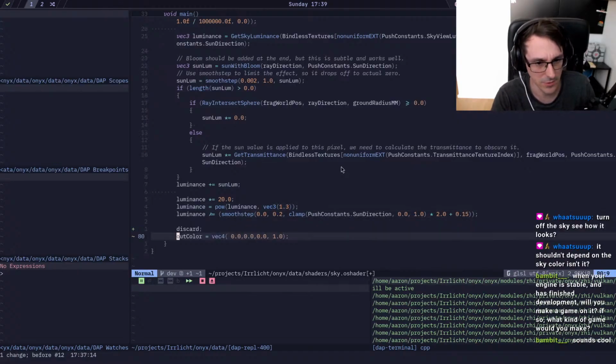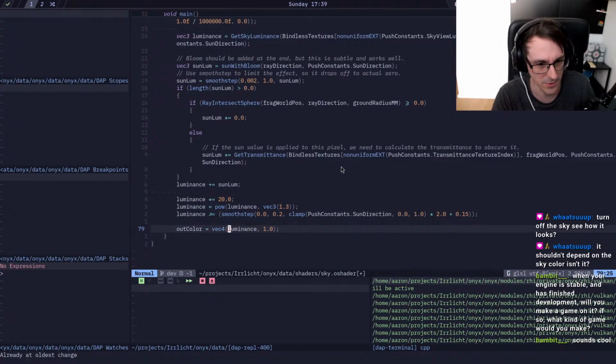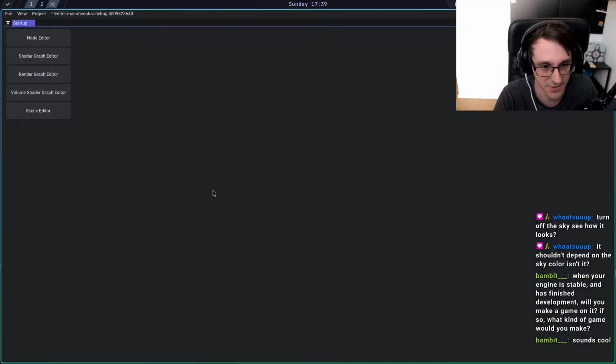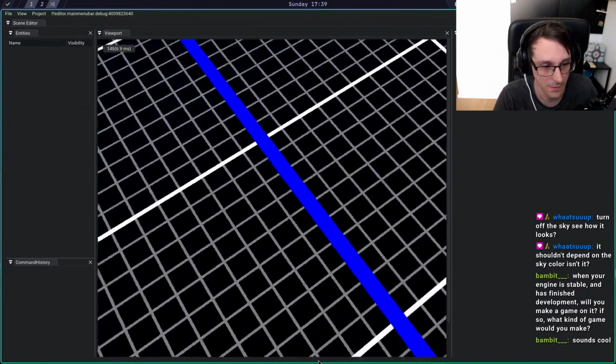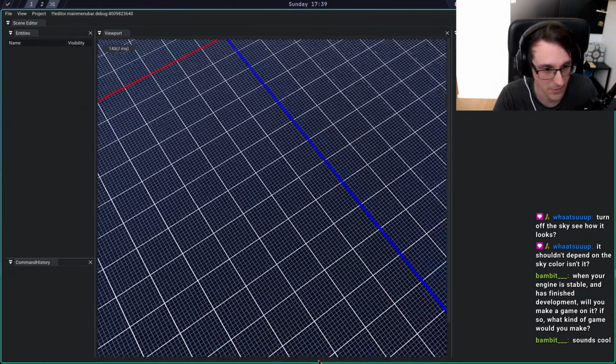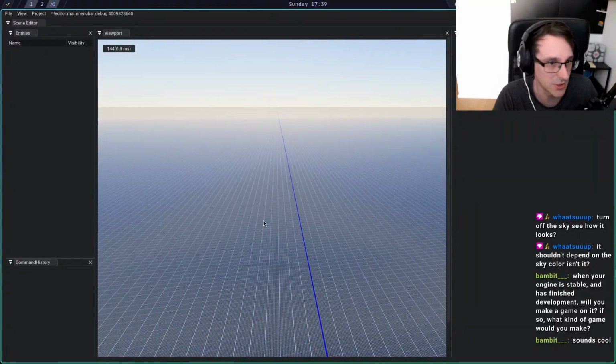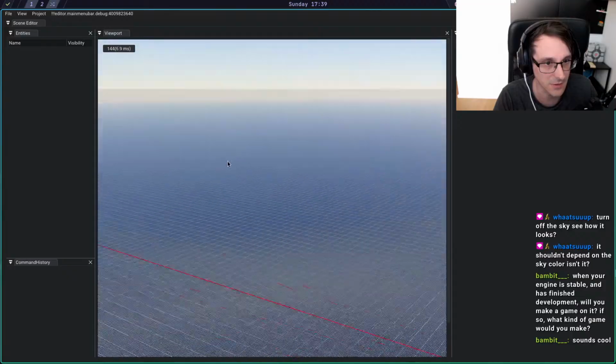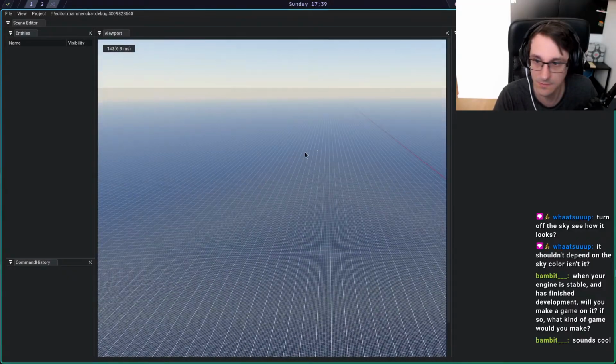Okay, so that kind of works. I think in that case we keep it like that and we really don't discard anything. And we just render it into infinity. Yeah, that looks fine, right? And then in the background here we have the sky color. That looks pretty cool.